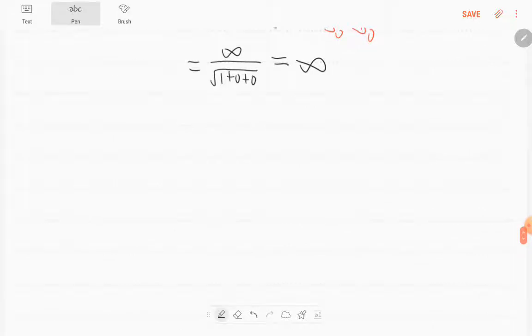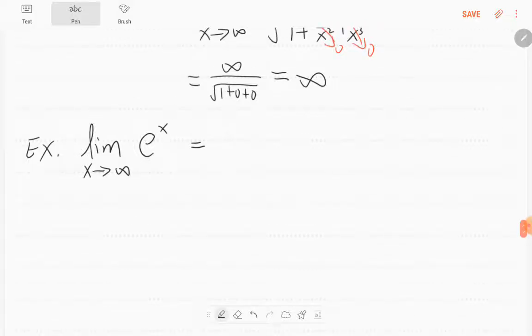Here are other examples, for functions as x approaches infinity, like the exponential function e to the x. The power will increase forever, so for a very large number this would be infinity, right?